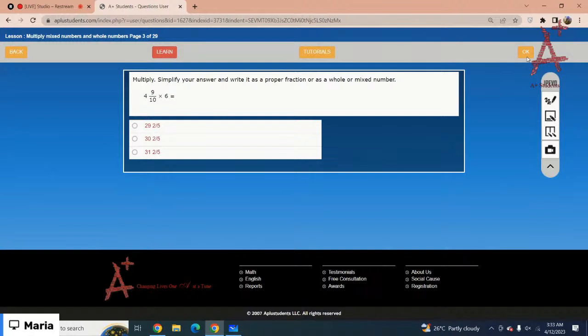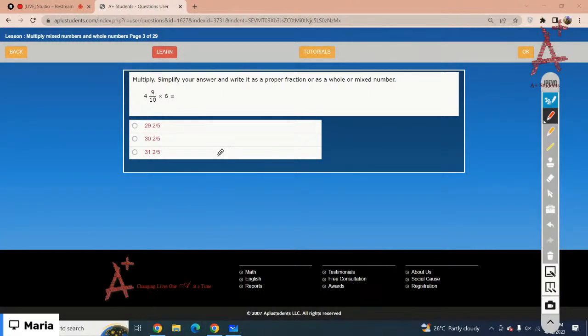Four whole 9 over 10 times 6. So you need to do 10 times 4 plus 9 over 10 and times 6 over 1. It would be 49 over 10 and times 6 over 1.